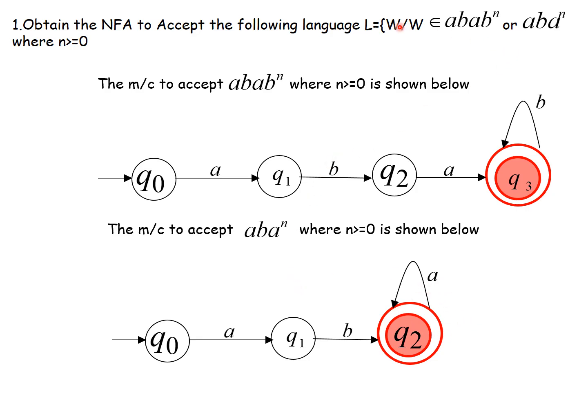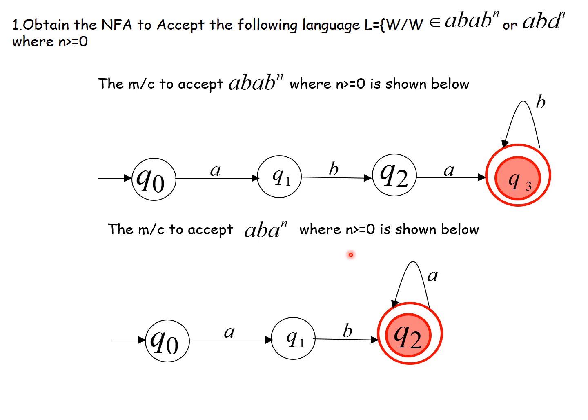Now the NFA machine can accept the first string or the second string. How to join them? There are two initial states here. I will also emphasize one more point, remember it: any finite automaton can have multiple final states, more than one final state, but it can have only one initial state.